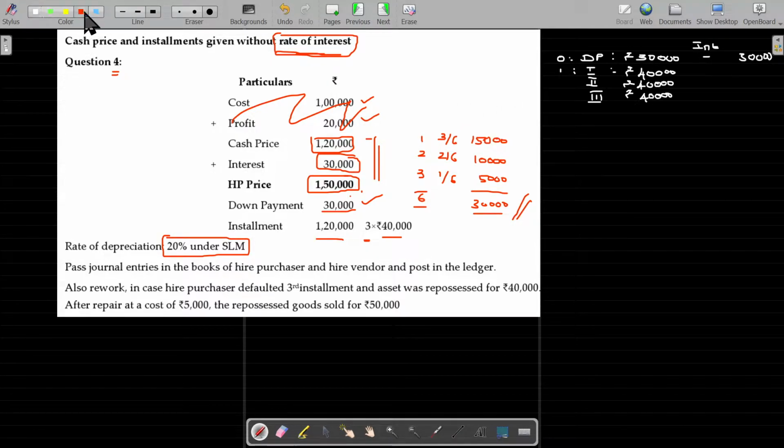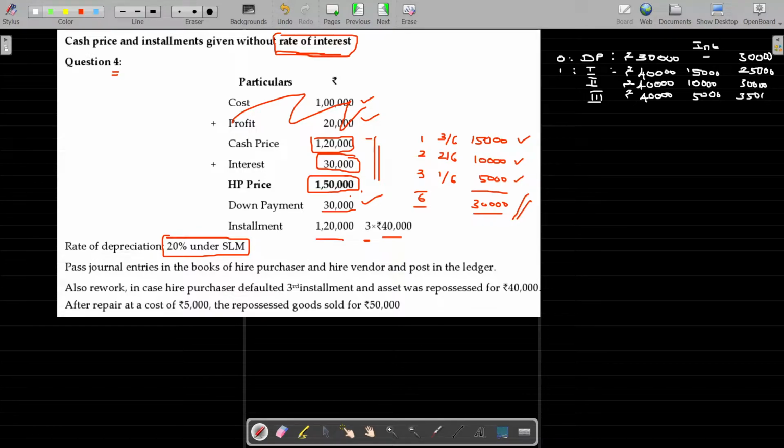First year level interest is 15,000, second year 10,000, third year 5,000 rupees being the interest. Apart from that installment, you can subtract that interest component 15, 10 and 5. After subtracting these values, the ultimate value what you get is the principal amount 25, 30 and last 35.